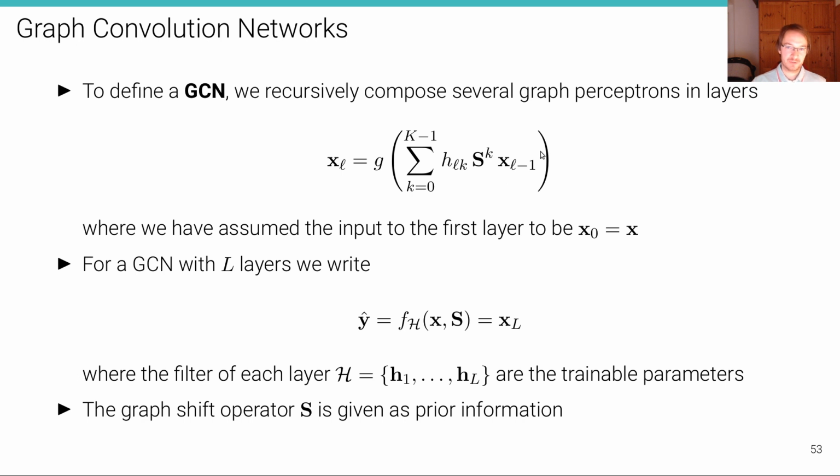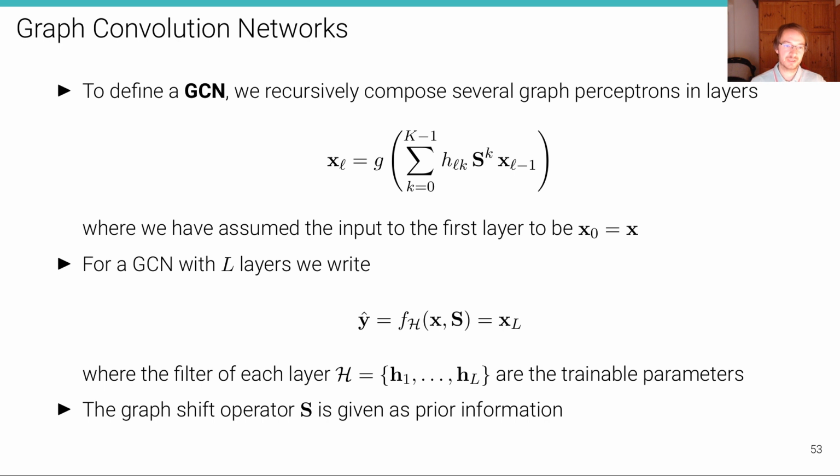And then we apply the nonlinearity and we obtain the signal at the next layer. And then we recursively add more and more of these layers, and maybe at the end we have an additional readout layer. And of course we have assumed that x0 is the input signal. So we start with x. So it's just a recursive definition, a recursive application of graph perceptrons.